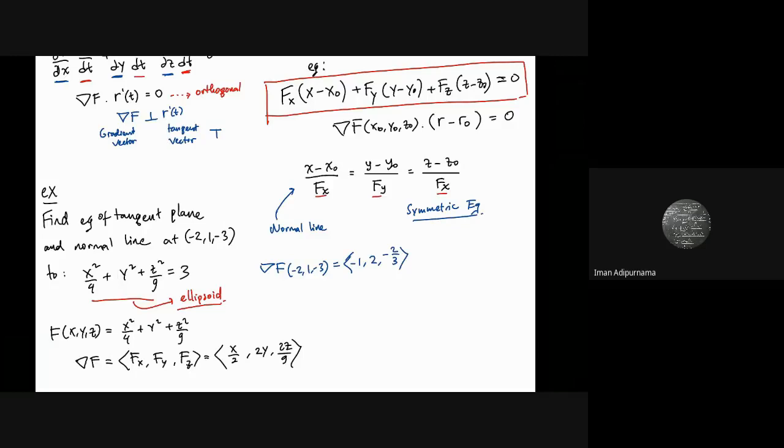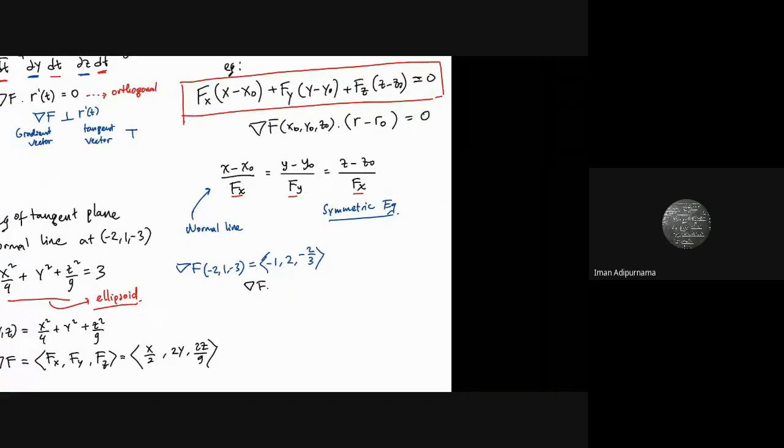You can use the dot product, or simply you can write the general equation. But let me just write this so that you can have an idea.